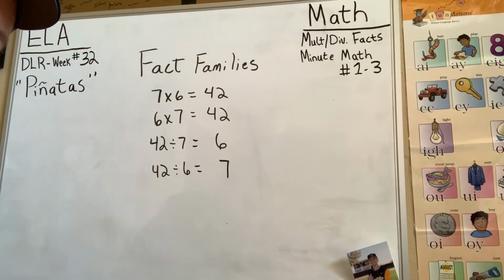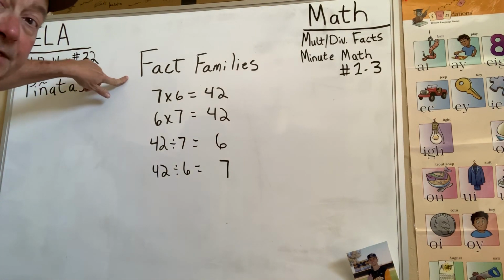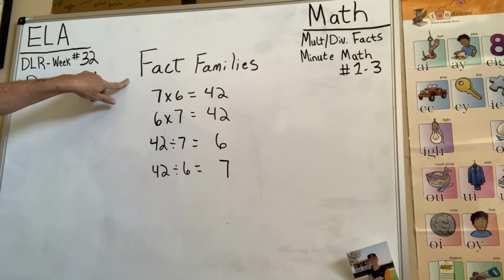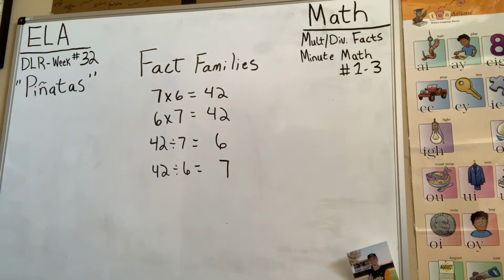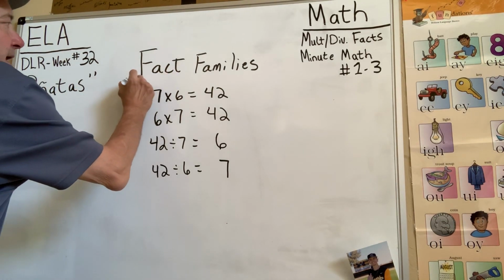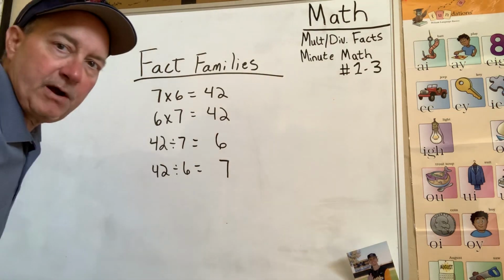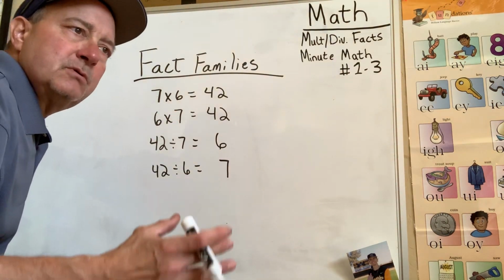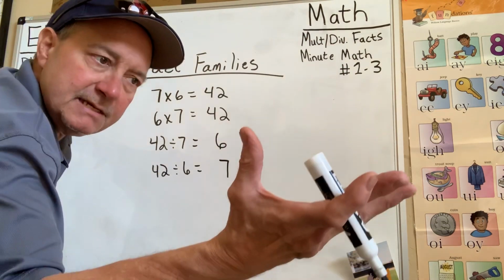I want you to look up here, guys. Fact families, okay? Fact families are great because it helps you learn about division and helps you with your multiplication. So right now, a lot of you guys are just working on multiplication at this time, right? Well, as I've always told you, division is just the opposite of multiplication.